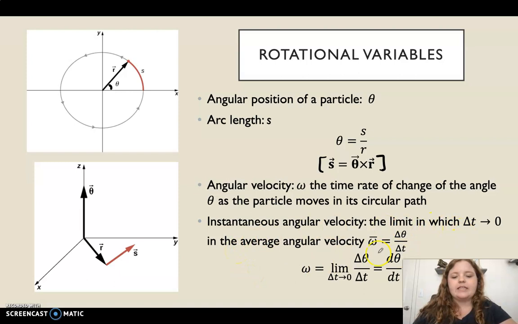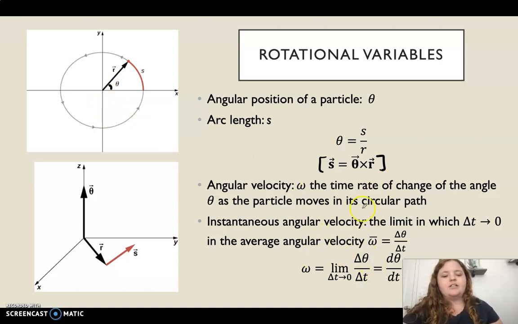And we can take the limit of the average angular velocity, omega bar. Okay, that's what the bar means. It means average. And so that would be the change in theta over the change in time. So the change in this angle theta over the change in time.